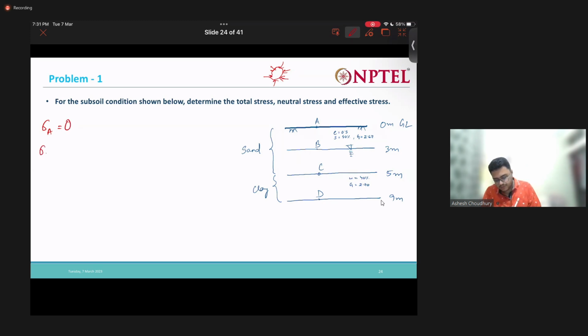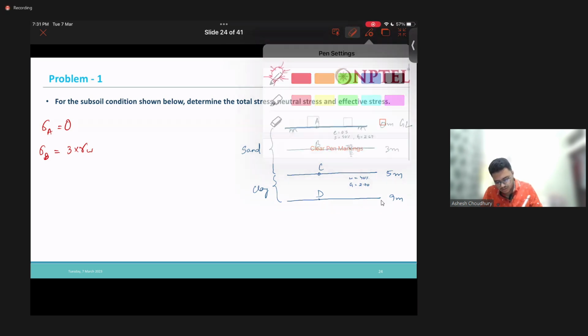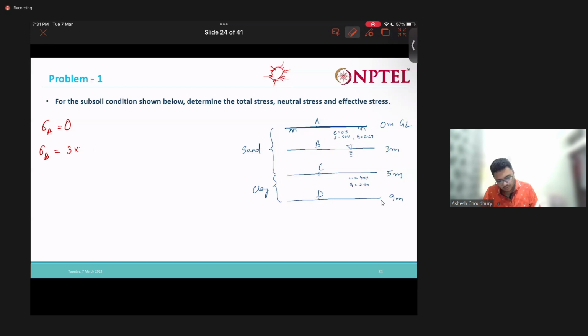Now at point B, 3 into gamma W. Gamma W? How gamma W? Water is not here, there is no water above it.